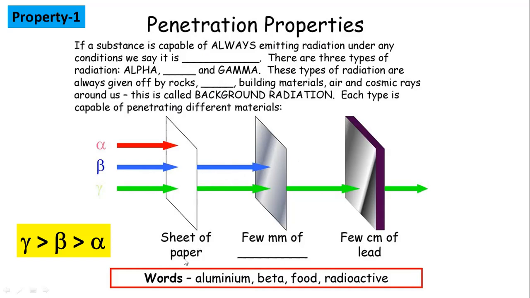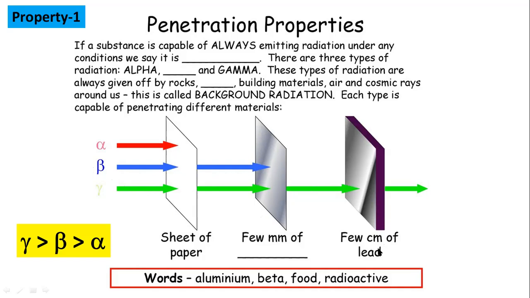This is the first, a sheet of paper, and here it is a few millimeters of aluminum and a few centimeters of lead. So just concentrate over here. Alpha is going to be stopped by the sheet of paper, but it is going to allow the beta and the gamma radiation to pass. Again, the aluminum sheet is going to stop the beta, but it is going to allow the gamma radiation.